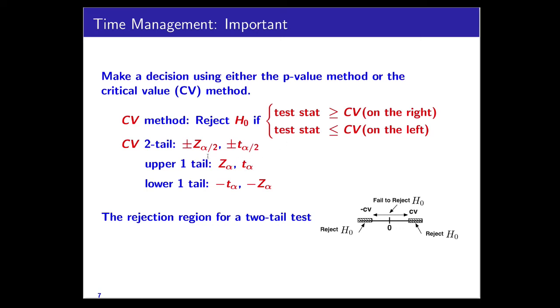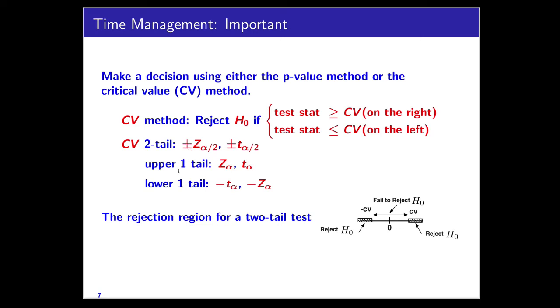In particular, for a two-tailed test, the critical value will be z of alpha over 2 or t of alpha over 2. Of course, you have plus minus.